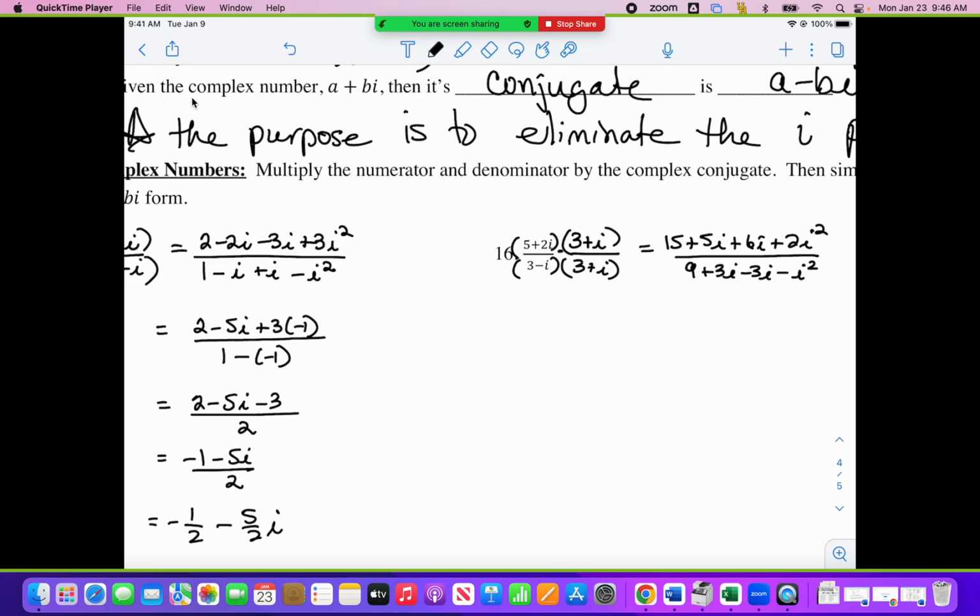And try to go nice and slowly as you work these out, because there's lots of little areas to make mistakes. So if you show more work, I think that will benefit you.